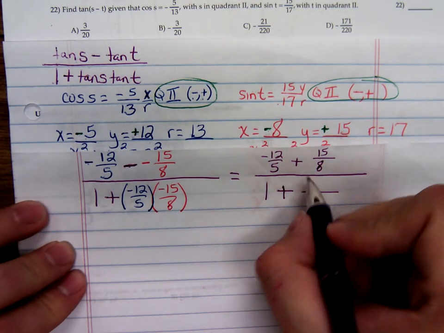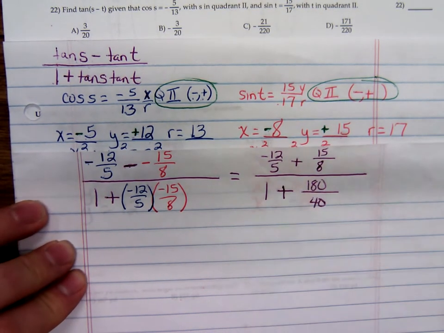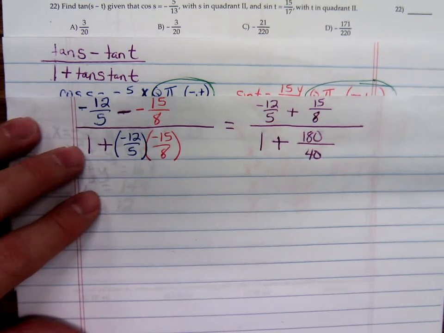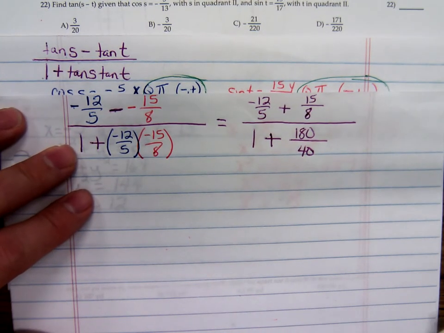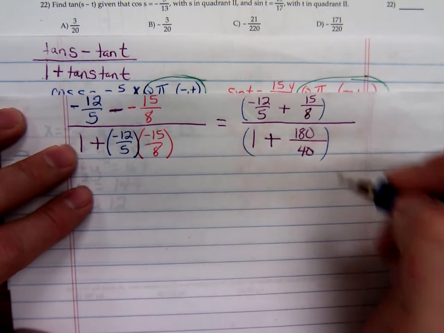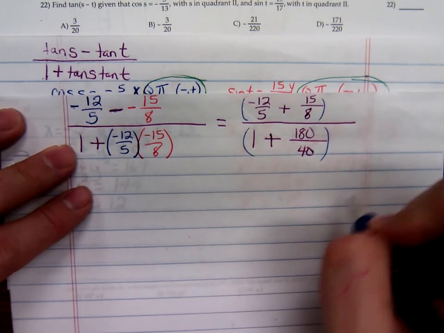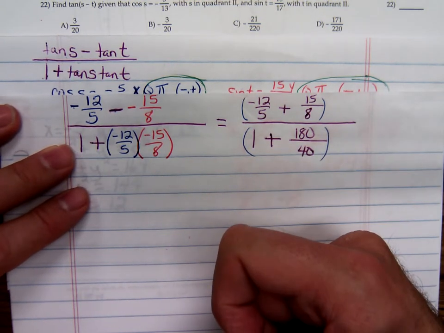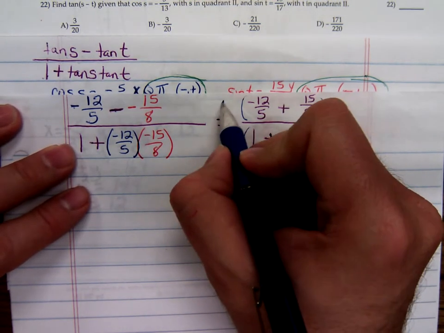See how I got to that point there? And I'm going to simplify this by multiplying above and below by 40. Would that get rid of all the fractions within the fraction? I'm thinking it would. If I multiplied by 40, it means I'm going to have to distribute.